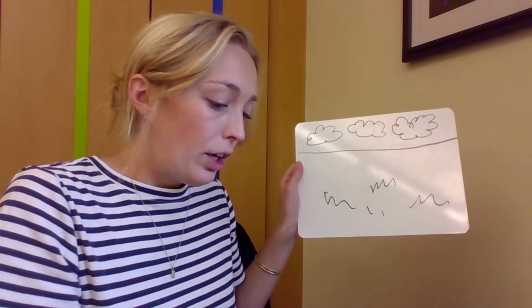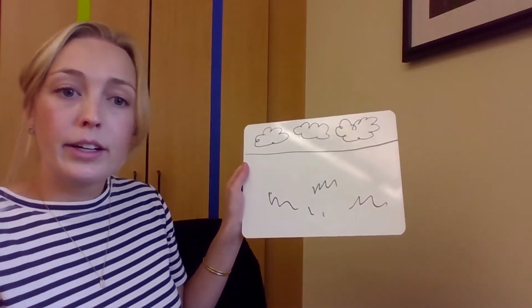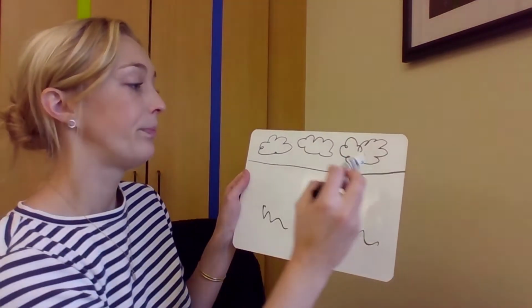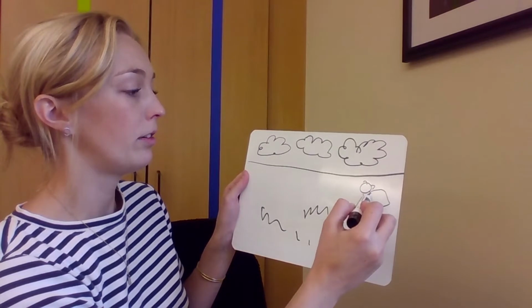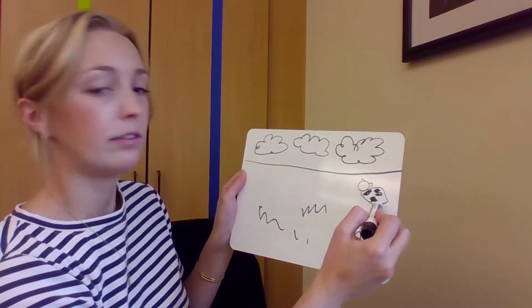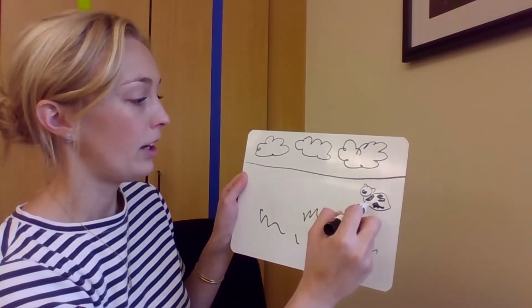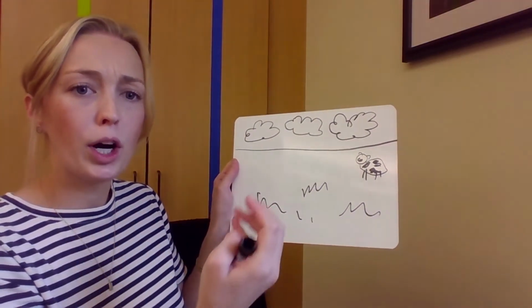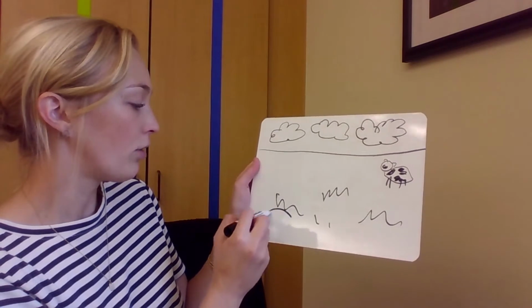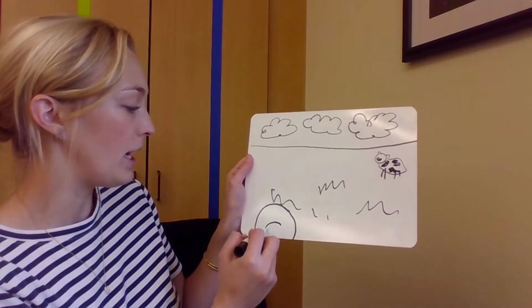Okay. So if I'm drawing some cows in a field, if I have a cow all the way over here, I don't really know how to draw a cow, but that's good enough. My cow back here, he looks like he's kind of far away. I could draw a cow face right here.